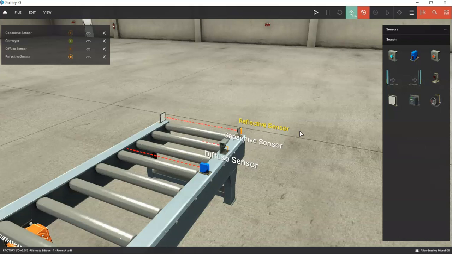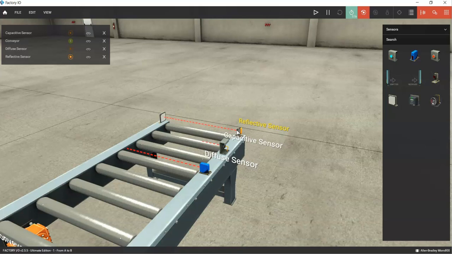But the reflective sensor is a sensor that sends out a light beam, and it bounces off a reflector and comes back. Being that it bounces off the reflector and comes back, the sensor is triggered. It sees the light beam coming back, so therefore it sees its reflection, and it's saying, "Hey, I'm triggered."